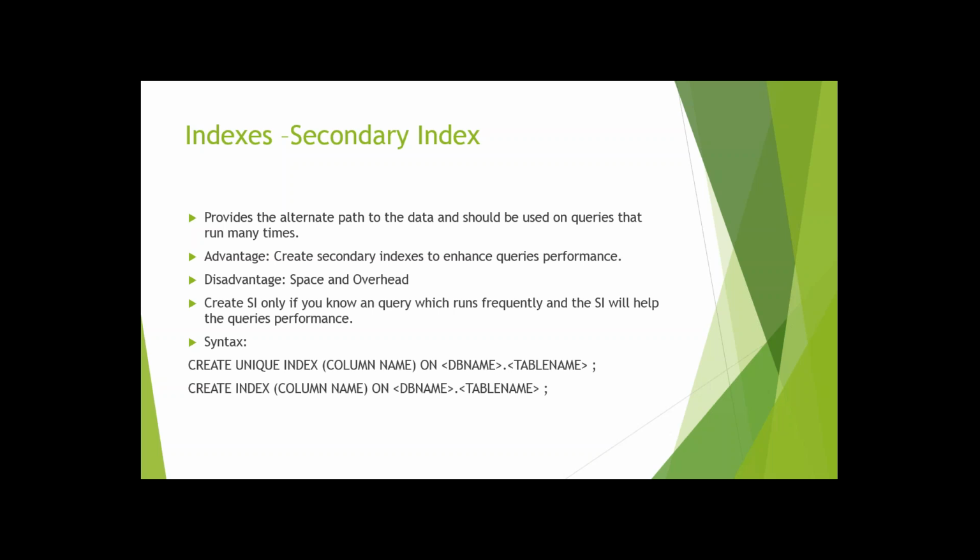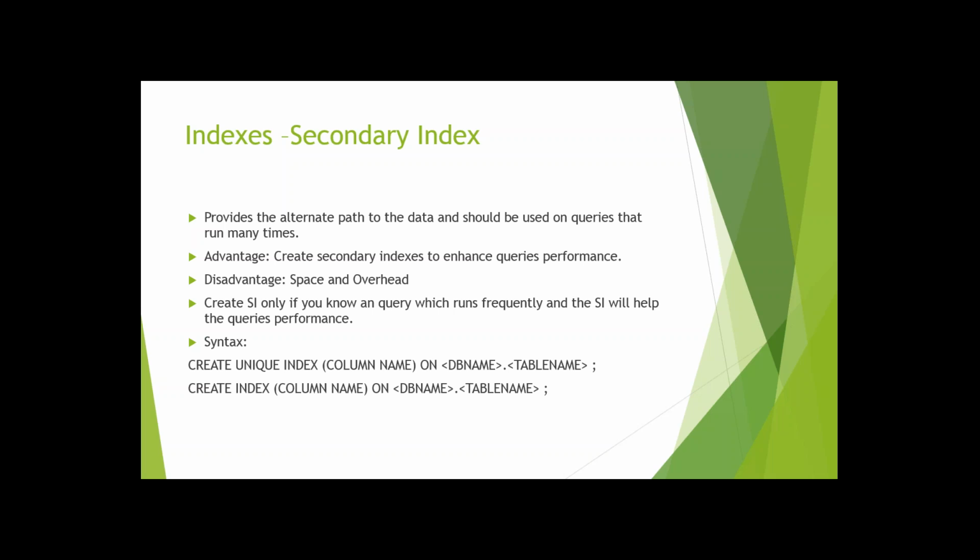Say the table is very big. Say we have millions and millions of records, but out of those, we have only 1000 records where department number is equal to 101. Is it helpful to access millions of records to just retrieve 1000?